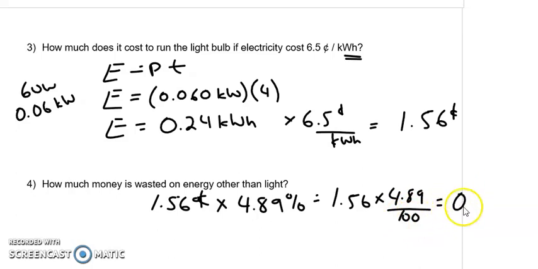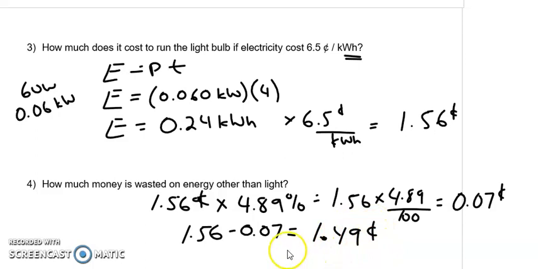You wind up with 0.07 cents. That's how much is actually being used on light. So the amount that's being used on things other than light is going to be that 1.56 minus the amount we're actually using in light.